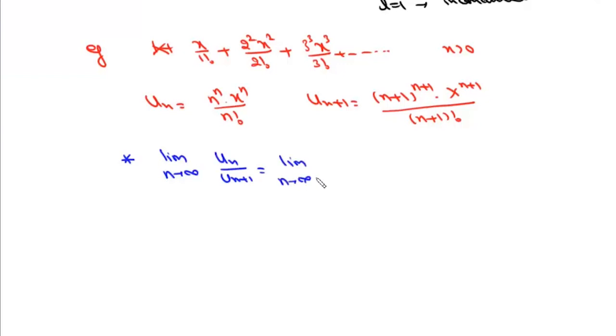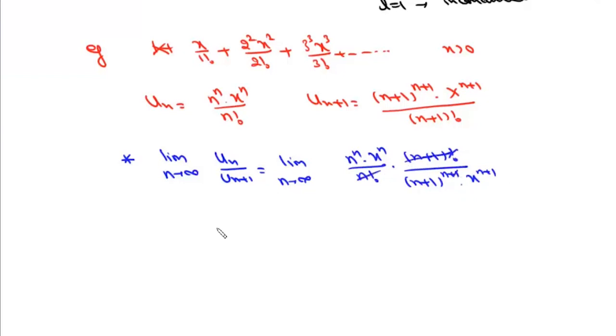So it will be this limit, n tends to infinity. Now this is n to the power n x to the power n factorial n, and here will be this n plus 1 factorial upon n plus 1 to the power n plus 1 and x to the power n plus 1. Now here this factorial n will cancel, so this is n plus 1.